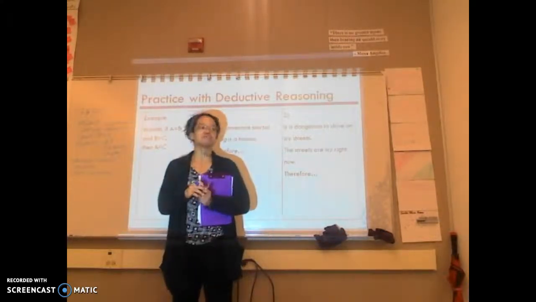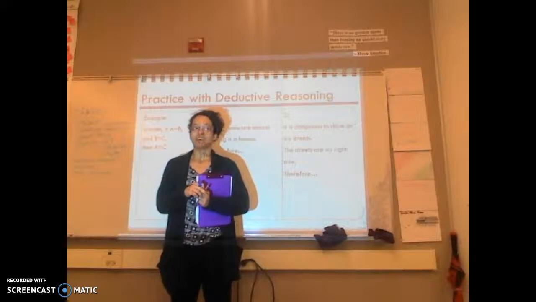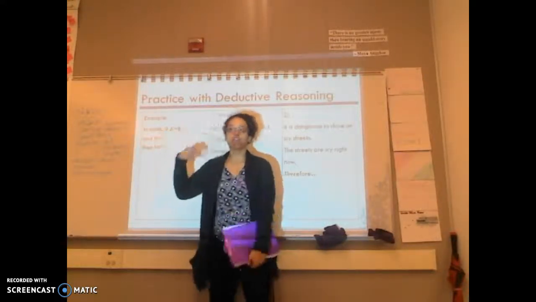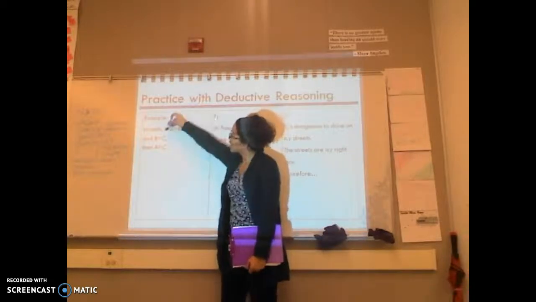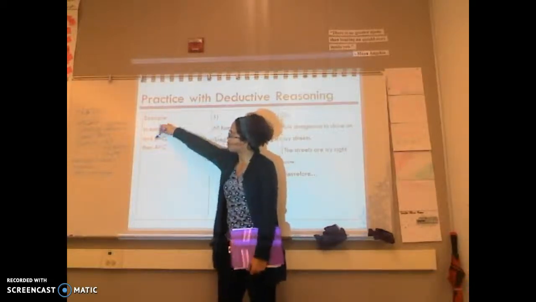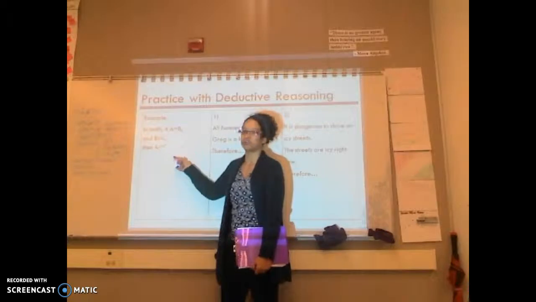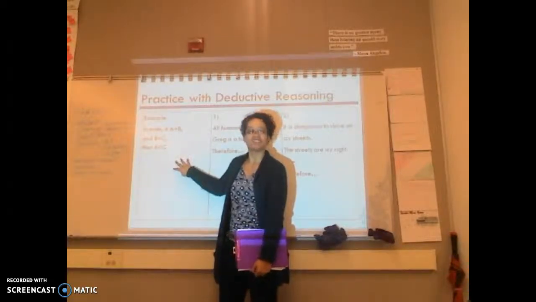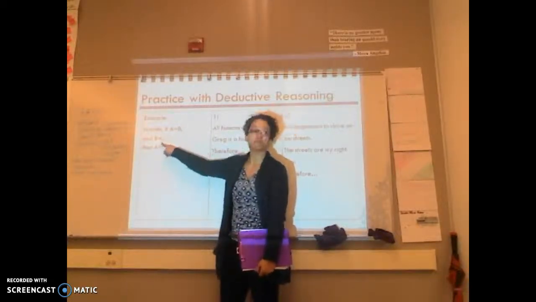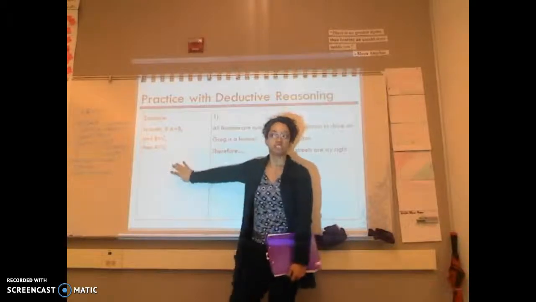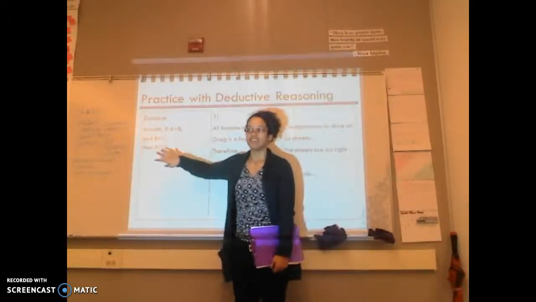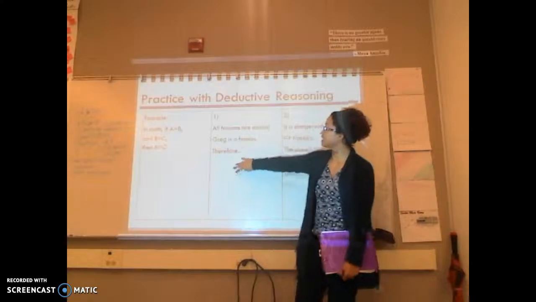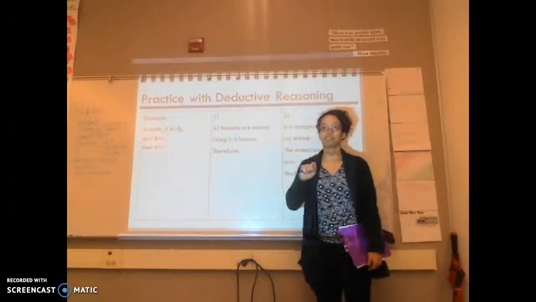So let's come back together. All right, I need your attention up here. Thank you. All right, so in math, if your teacher said, okay, class, if A equals B and B equals C, then A equals C. Remember that transitive property? If A equals B and B equals C, then A equals C. That was just your transitive property. That is deductive reasoning. We can apply that here. So think about this.